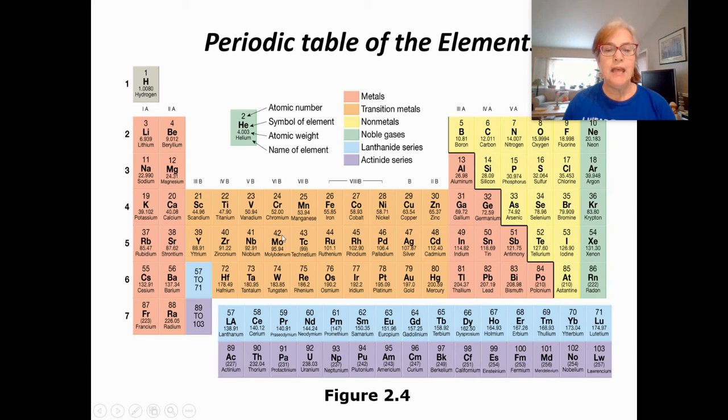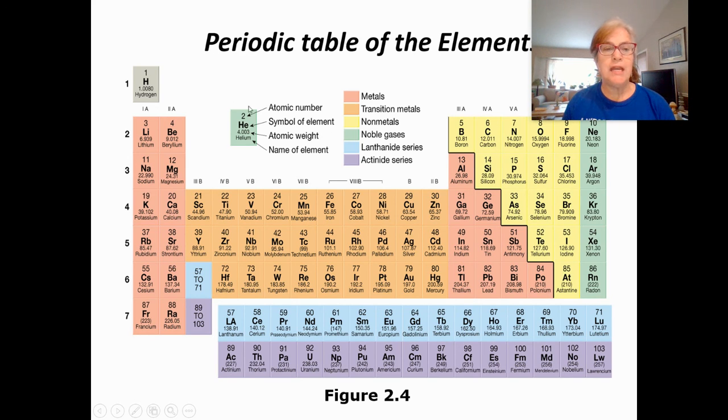Atomic weight is right down here at the bottom. So chromium has a weight of 52. Iron here, Fe, stands for iron. Notice they don't always match, and we won't get into that now. But iron has a weight of 55.85. When we get into how we date really old things like fossils, this atomic weight is going to be part of what we need to understand.